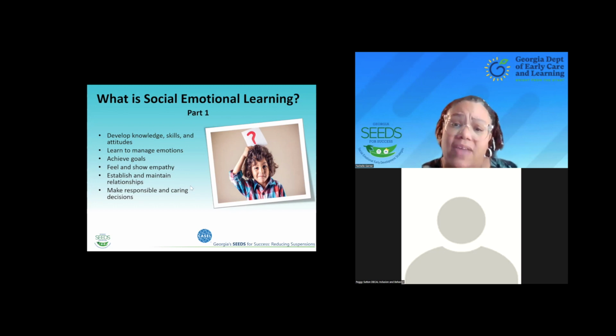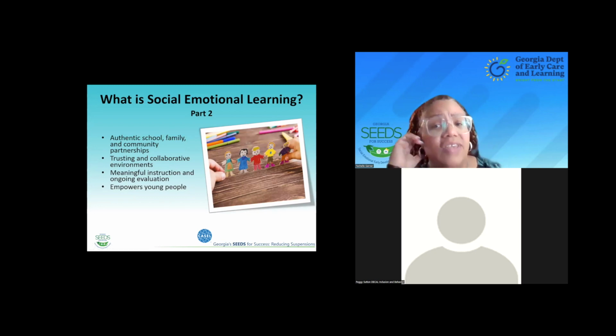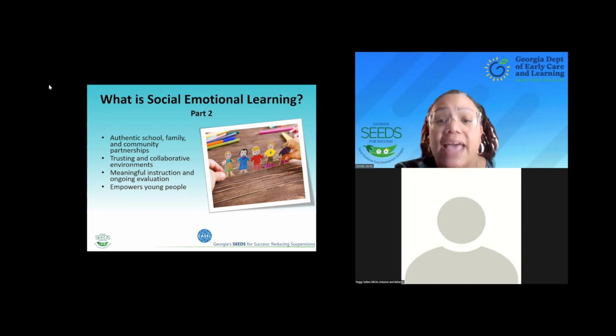The second part of CASEL's definition states that SEL advances educational equity and excellence through authentic school, family, community partnerships to establish learning environments and experiences that feature trusting and collaborative relationships, rigorous and meaningful curriculum and instruction, and ongoing evaluation.